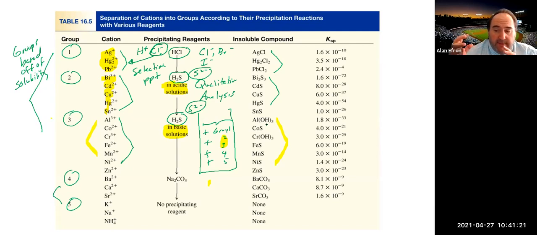By playing with the pH, even though we're using the same thing to precipitate out these ions, because one is so acidic, it will allow certain ions to stay in solution, even though you're adding something that technically should make them precipitate. Because the pH conditions are not right for those guys to precipitate out, they'll stay in the solution and keep floating around. Then when you make it basic in group 3, now the conditions are right, and they come out of solution and precipitate out.